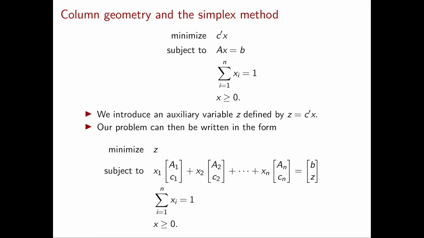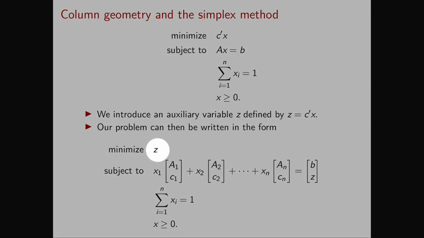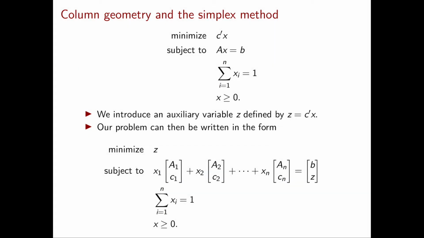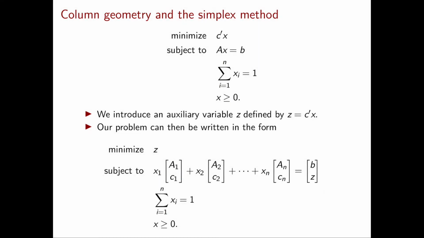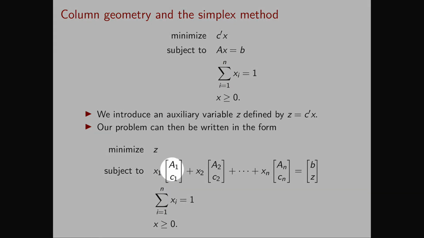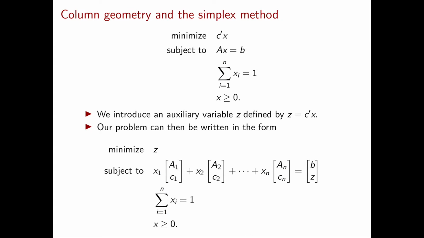So at this point we can substitute c transpose x with z in the objective function, and we have the new constraint sum of the c_i x_i equal to z. So clearly the two linear programming problems here are equivalent. The reason I have written in the problem below all the equality constraints together, except for the convexity constraint, is that very soon I'm going to make use of these vectors A_i, c_i.